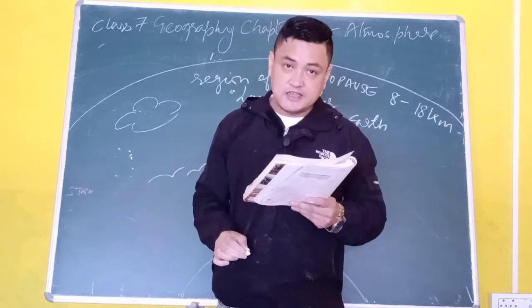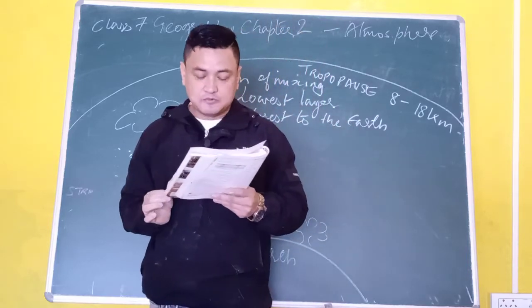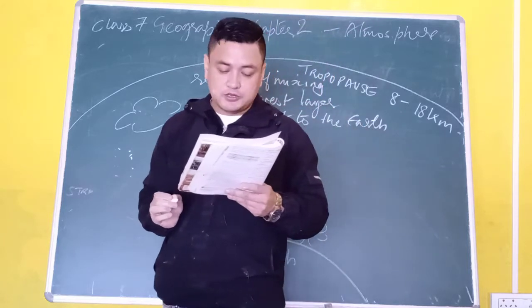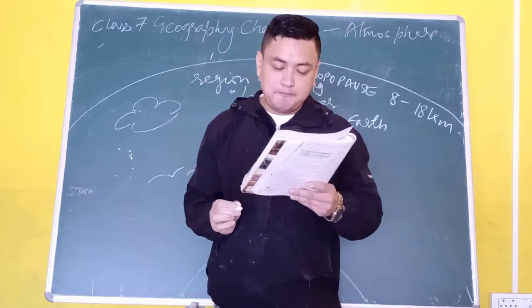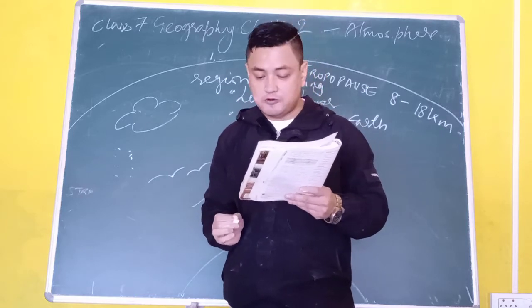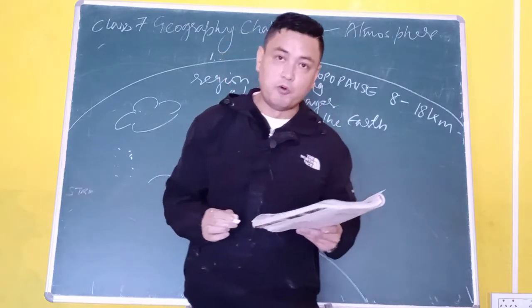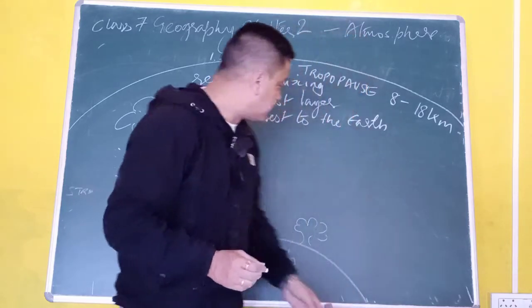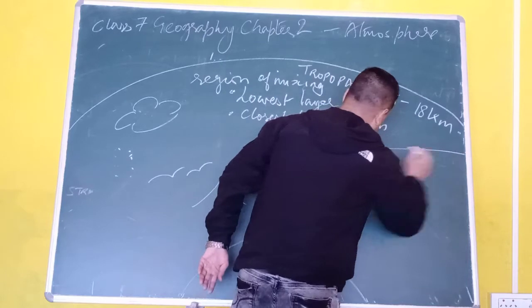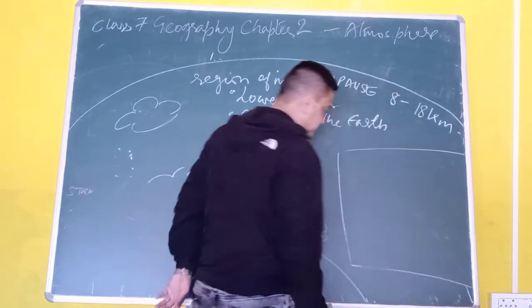It is the closest layer and the lowest layer of the atmosphere. It is the first layer. The thickness of this layer is not uniform, as its upper limit is higher, that is 14 kilometers above the equator than above the two poles, that is 8 kilometers. Now if you look at this troposphere, I'll make a small diagram here, so that you can understand.